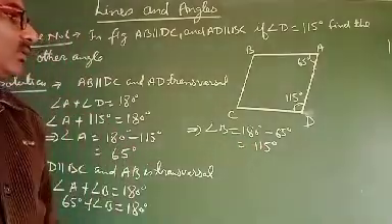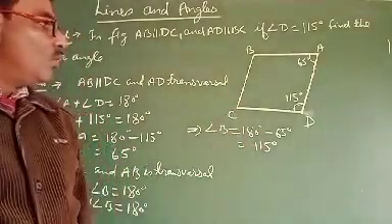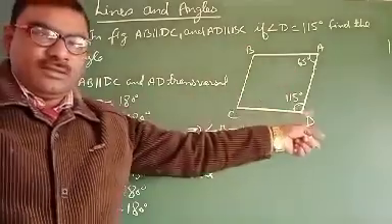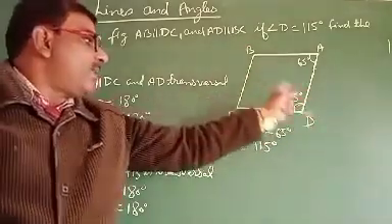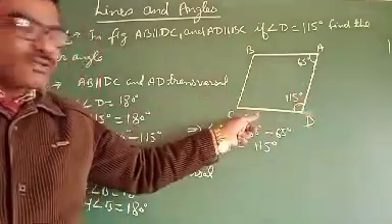Now we have to find out the value of C. We see that BC is parallel to AD. We are given that AD parallel BC and DC is the transversal.